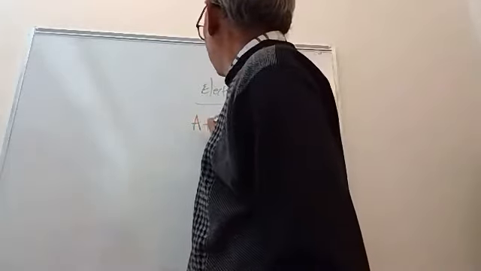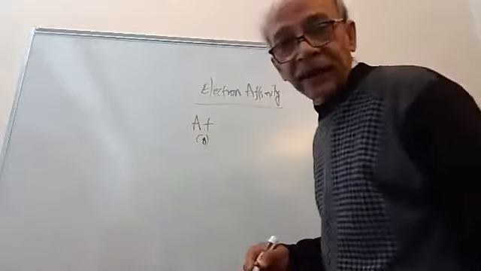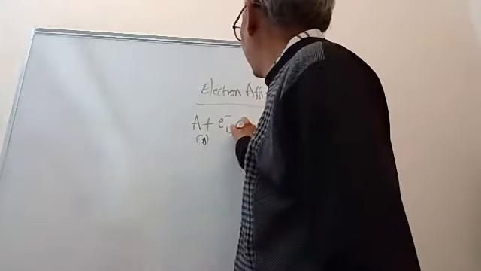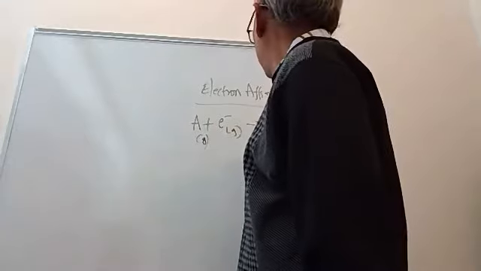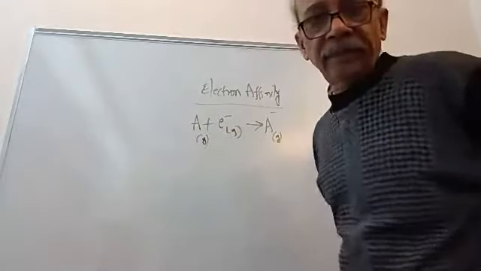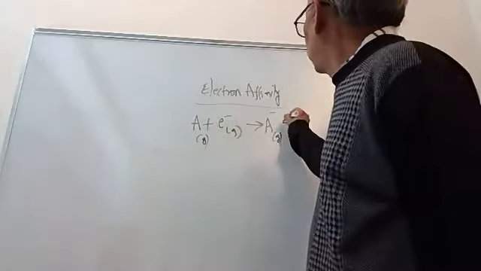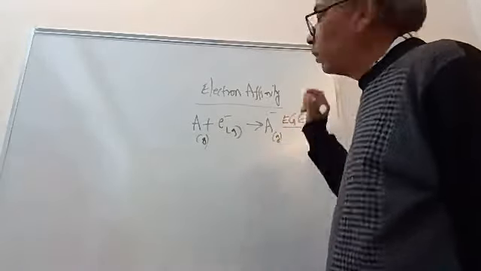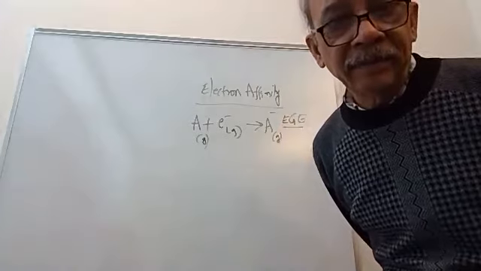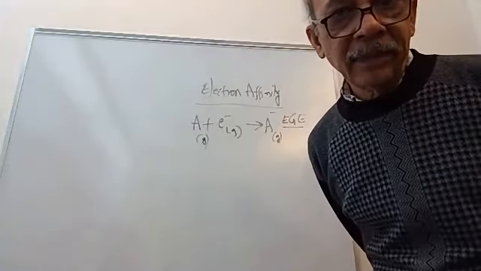In the first step, you take an atom in the gas phase and you add an electron and you make an anion. This is what we call electron gain enthalpy, or sometimes EGE.